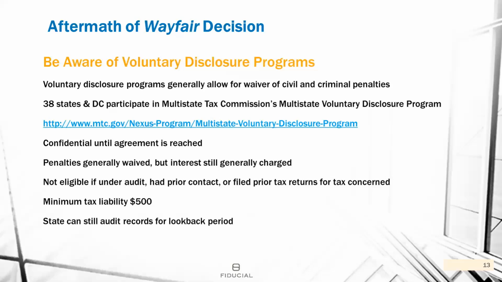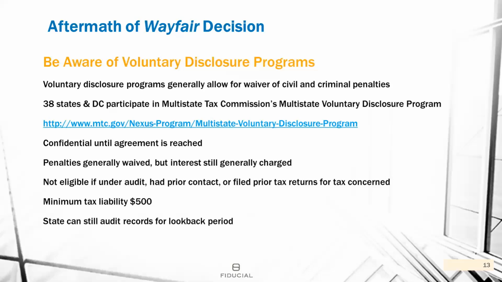Under these voluntary disclosure programs, penalties are generally waived, but interest is still generally charged for any past tax that is due. And you're not eligible if you are under audit, or if you've had prior contact or filed prior tax returns for the type of tax concerned.